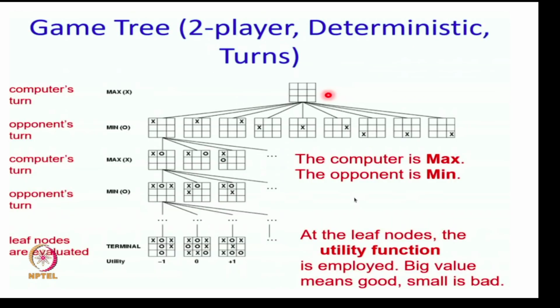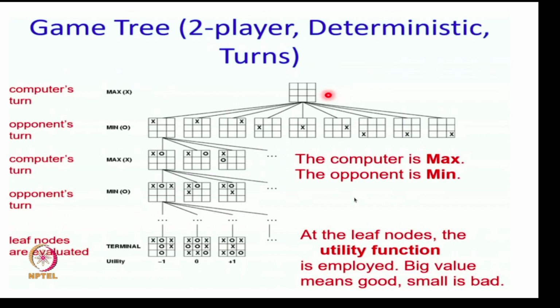Now you see this is the scenario of how the game tree is being drawn here, and I'll explain each component one by one. So this is a 2-player game, deterministic turn. Let's say this was a chess board. You can see this is a 3x3 board. Sorry, it's tic-tac-toe.